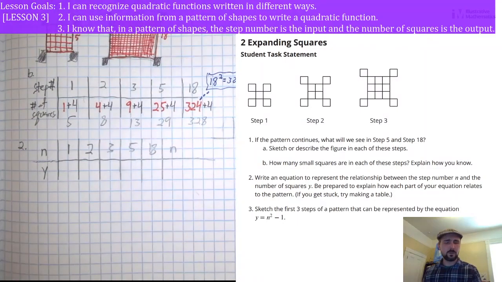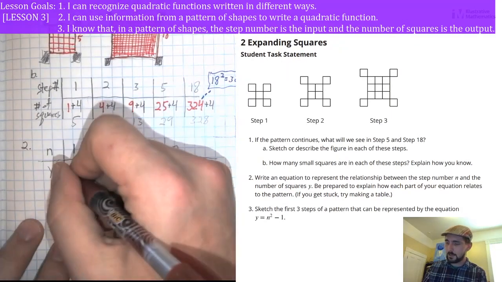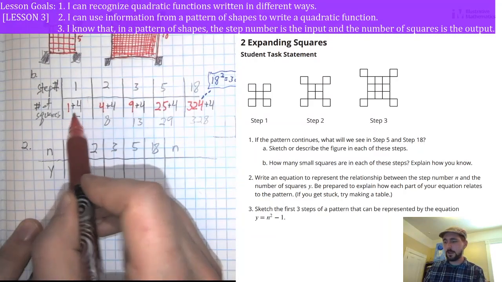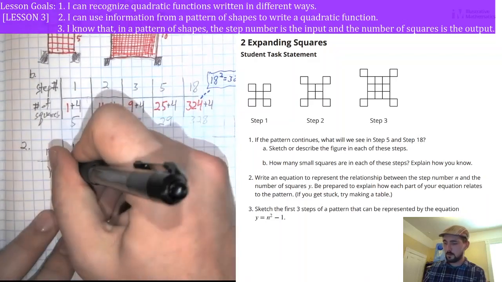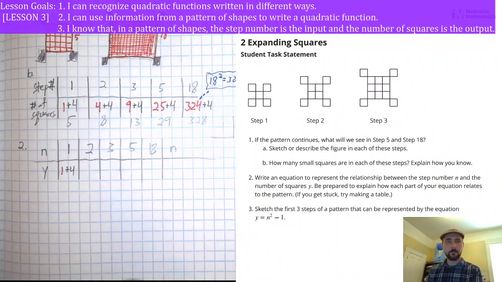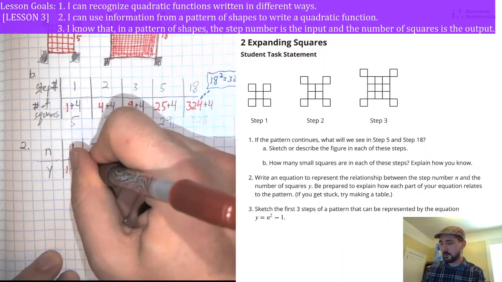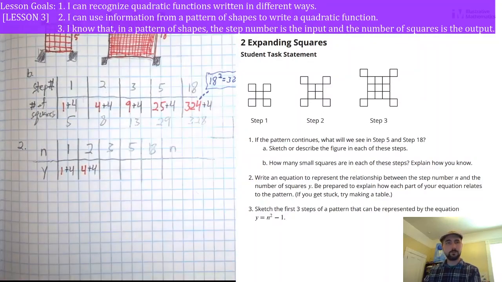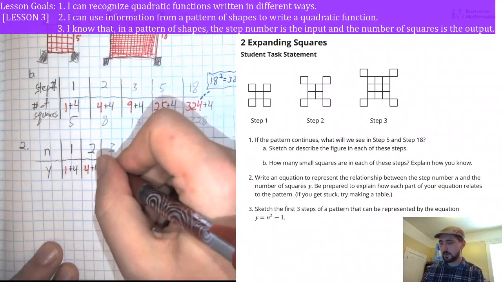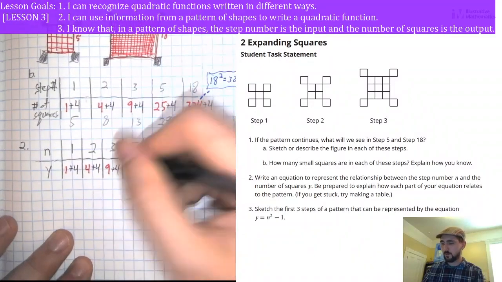So can we build a rule based on what we've noticed already? Just to recap, the pattern we found for the first one was 1 plus 4. And then for step 2, it was 4 plus 4. For step 3, it was 9 plus 4.